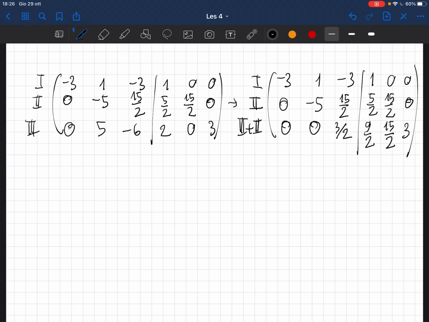Okay, fine. We're not done yet, because we want also to remove this and these things. So we need something more, actually. So what should we do now? Let's multiply the first by 5.